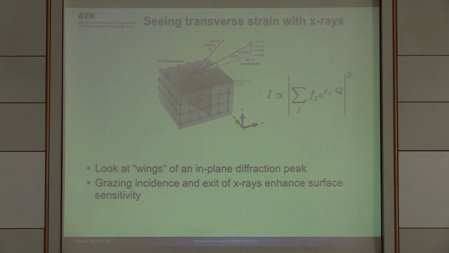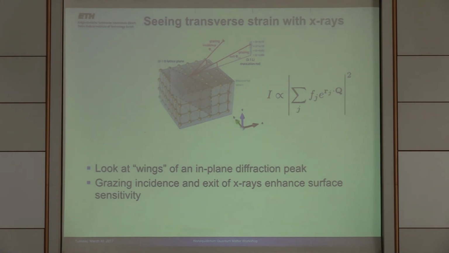Okay. So the way we try to look at it in the experiment is we basically want to see transverse phonons. We can see that with diffraction. It's not an easy thing to do, but it's something that you can do in principle. The basic idea is that you're looking at an in-plane diffraction peak. So you have a surface, and you're diffracting from lattice planes that are orthogonal to the surface.